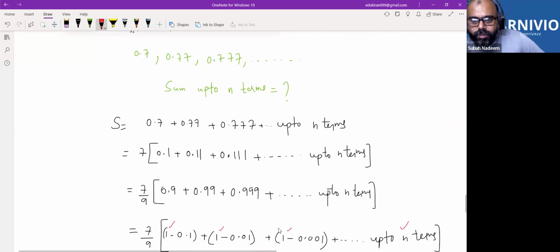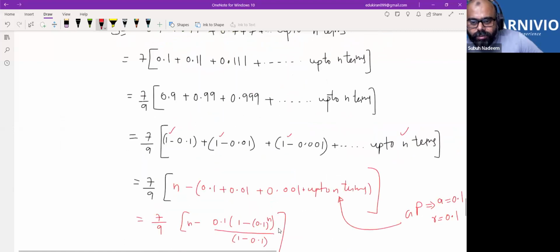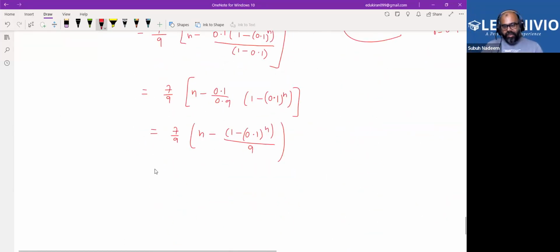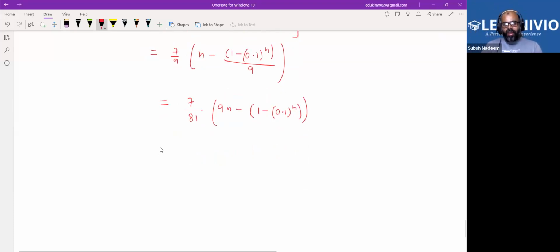So if we see the options, okay, we can write like 9 we can take outside after LCM. It will become 81. And this will be 9n minus 1 minus 0.1 to the power n, and this will be 7 by 81, 9n minus 1 plus 0.1 to the power n if you open the bracket.